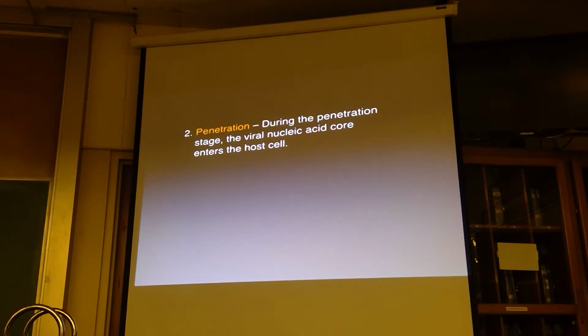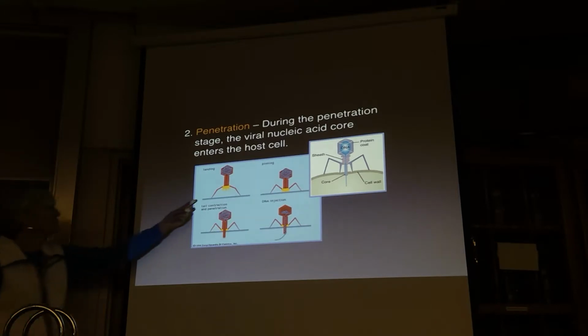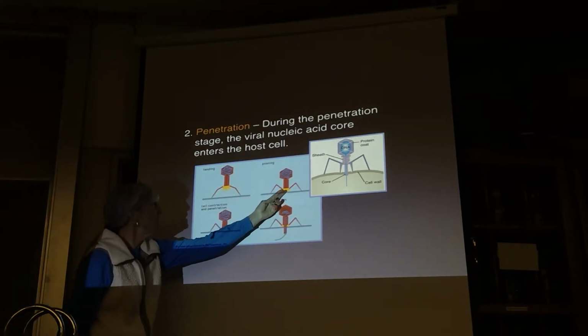Oh, no more Twinkies. Okay, so anyway, penetration is going to allow that nucleic acid core to get inside the host cell. The illustration is showing how a T-even bacteriophage attaches. Again, the attachment involves tail fibers first, and the tail fibers flex, and this thing sits down.